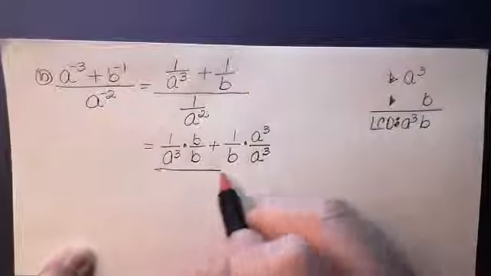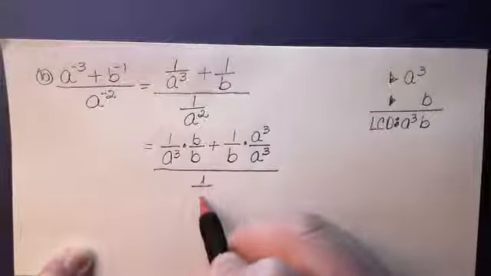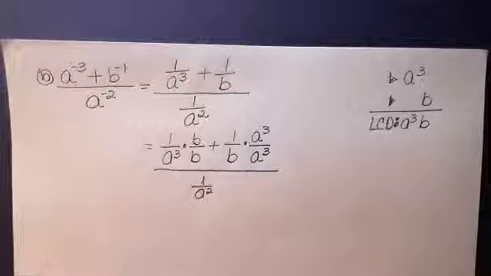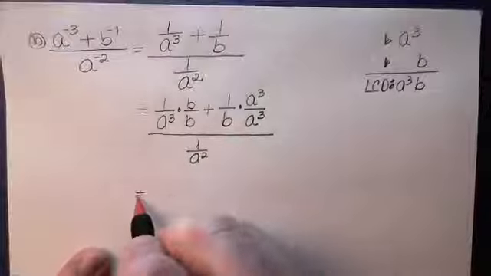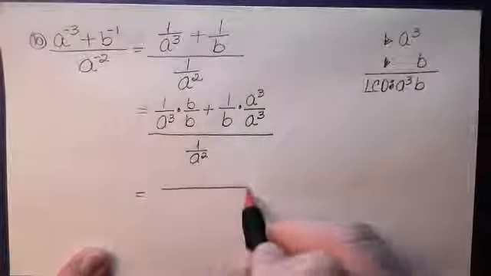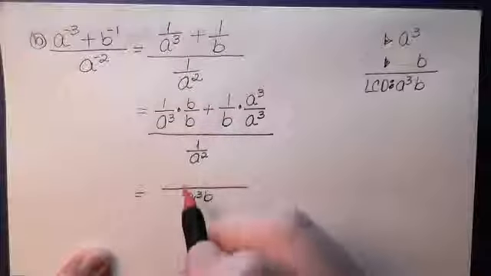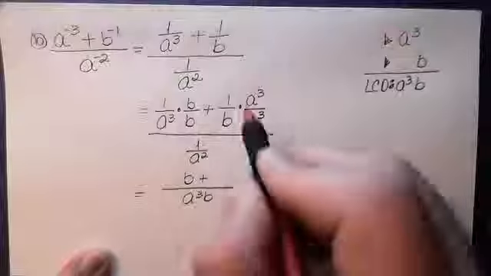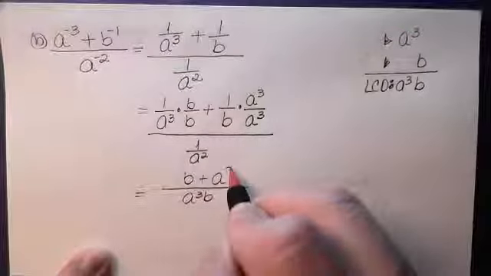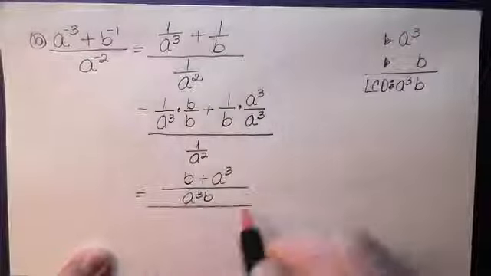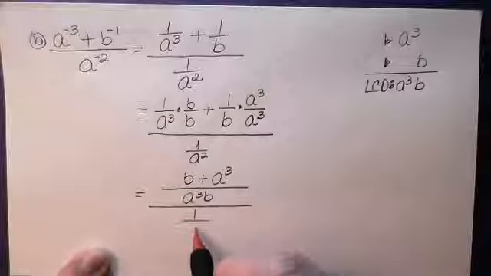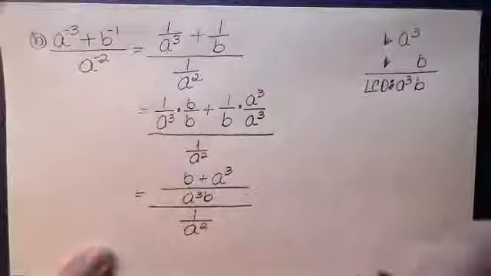On the bottom we're not doing anything, just waiting. Okay, so on the top now we have a common denominator of a cubed b, and we have 1 times b is b, 1 times a cubed is a cubed, over 1 over a squared.